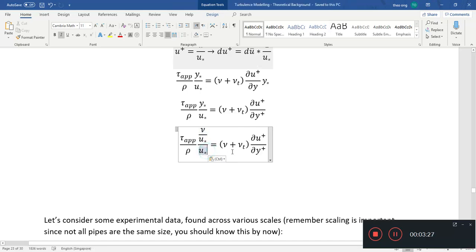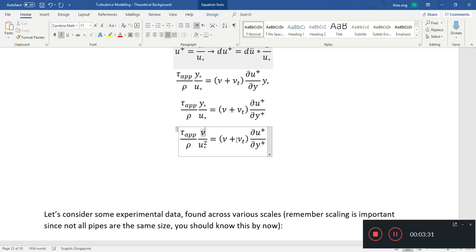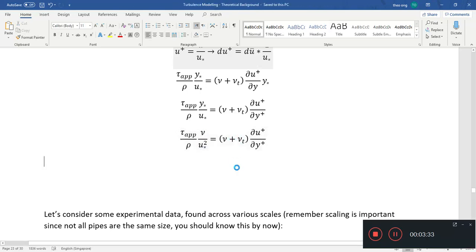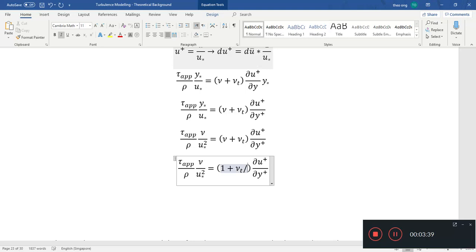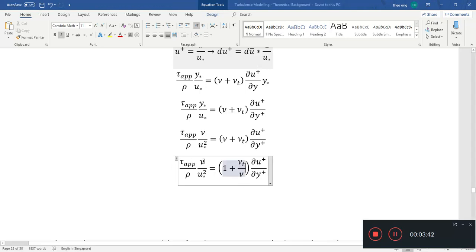And we can just do a U star squared at the bottom, and we'll just have nu at the top. Okay, so if we divide both sides by nu, we will just get 1 nu t over nu. Then we'll have this, and that is what our non-dimensionalization results in.